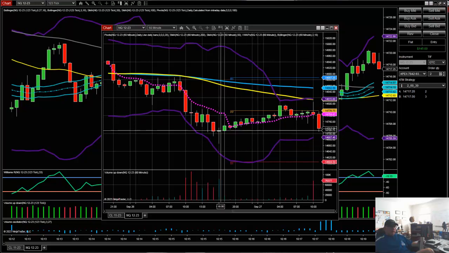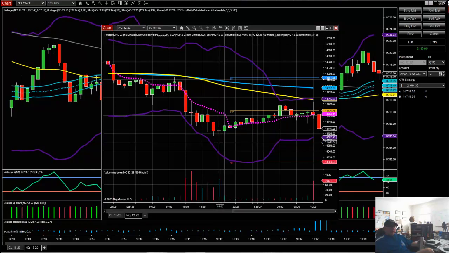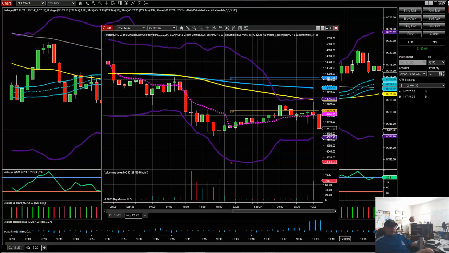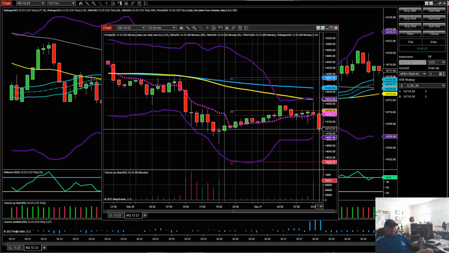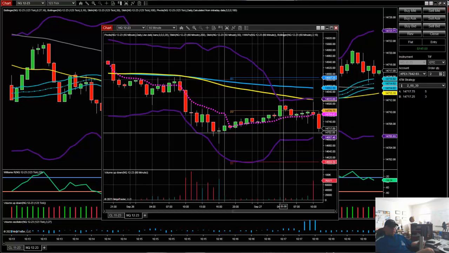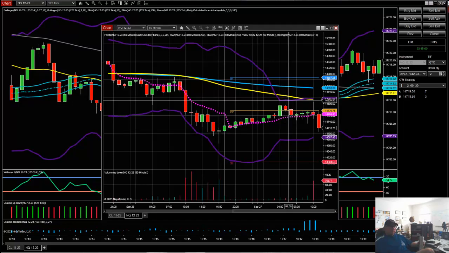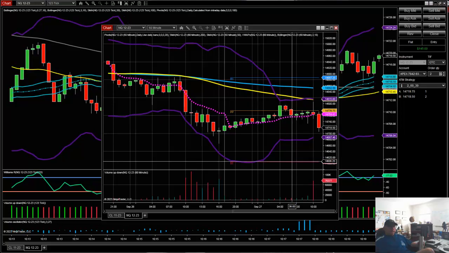It fought off this level on an hourly, went down and fought off. Is it going to fight from here? S1 is way down here.